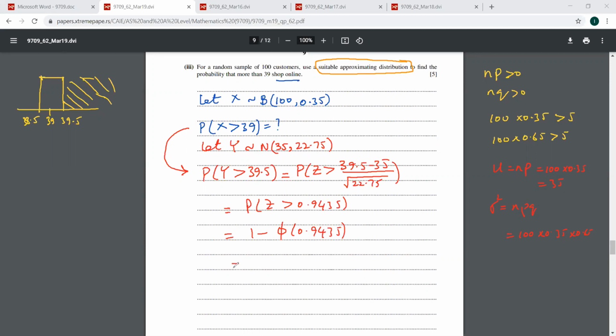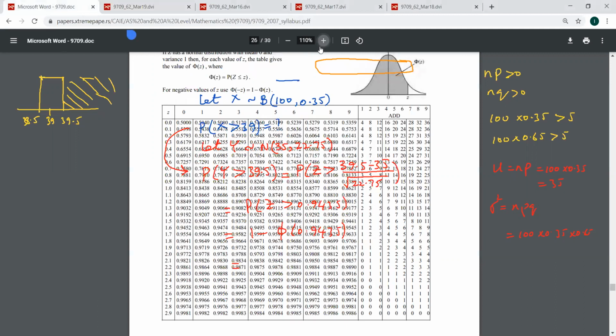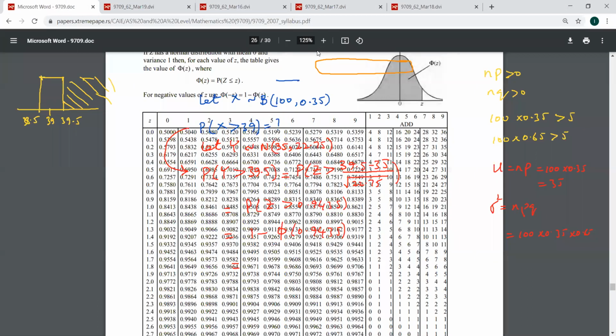We have to go to the table. Let me enlarge this a bit. So, sorry, this is not phi inverse.